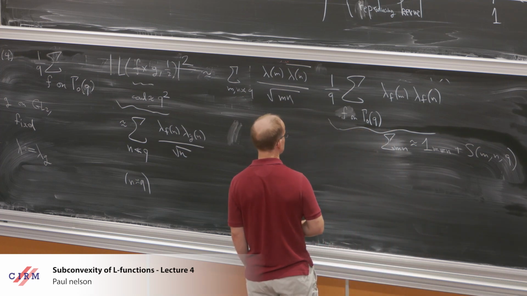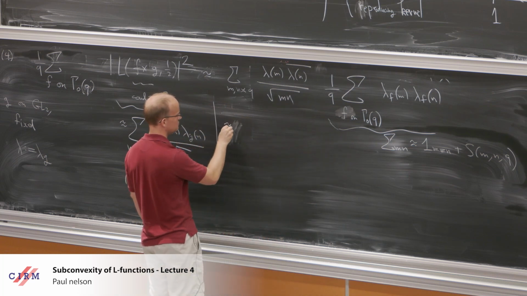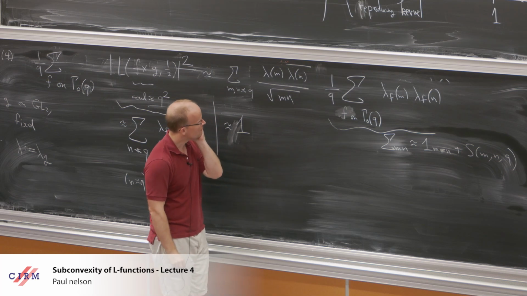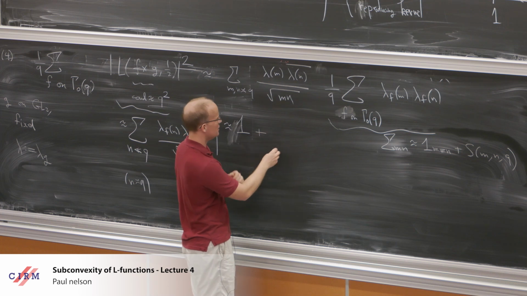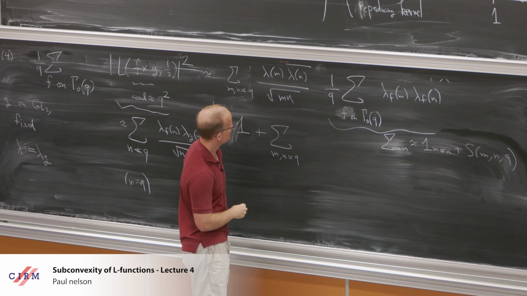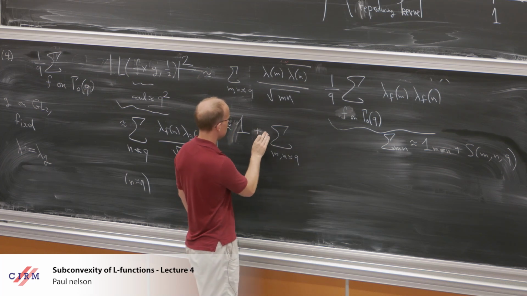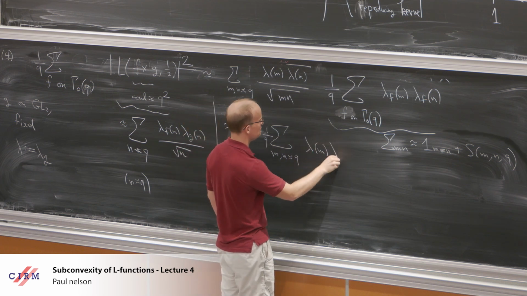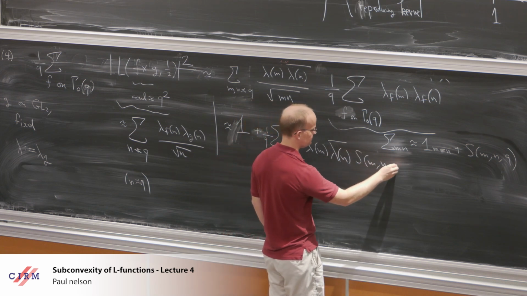So then if you plug that in, you'll get the contribution of the diagonal term plus the off-diagonal contribution, which will look like what? Like a sum over m and n of size q, and maybe I pull out the leading factor of 1 over q from the square roots, and then lambda of m, maybe lambda of n bar, although it's real, S of mn q.